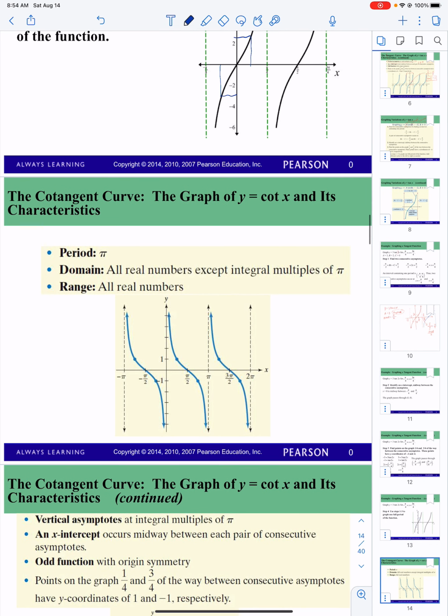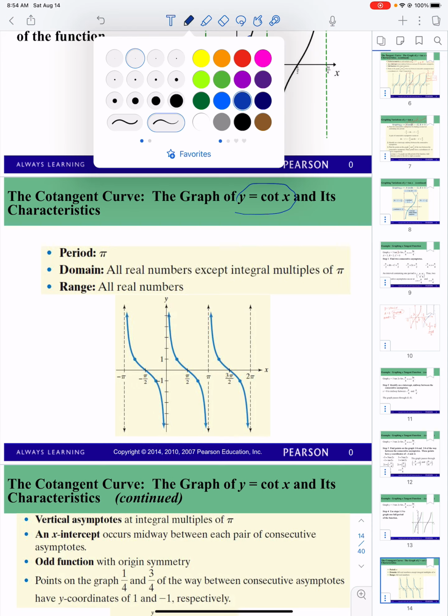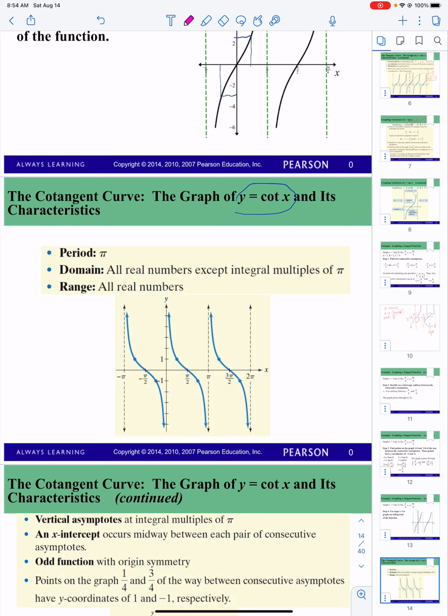Okay, so similarly, y equals cotangent x is like this. You can use special values, but what should you be careful about here? Because cotangent of 0 will be what? Cosine of 0 over sine of 0.